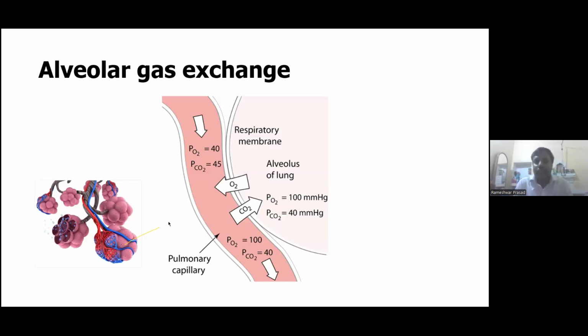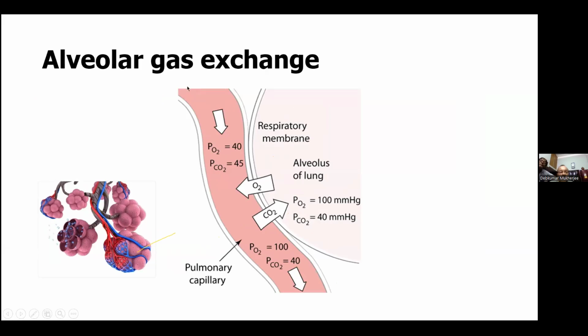Now, after this oxygen reaches inside the alveoli, its partial pressure comes down to 100 millimeter mercury. The alveoli are also supplied with blood vessels. From one side, pulmonary arteries supply blood which is deoxygenated, with partial pressure of oxygen of 40 millimeter mercury.